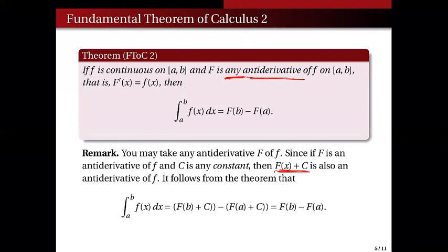Another notation here is you can write this as capital F of x evaluated at x equals A, x equals B. Or you can even remove the x equals and just write evaluated from A to B. So every time you see capital F of x evaluated from A to B, this means capital F of B minus capital F of A. And take note again, before using this theorem, your function small f must be continuous.